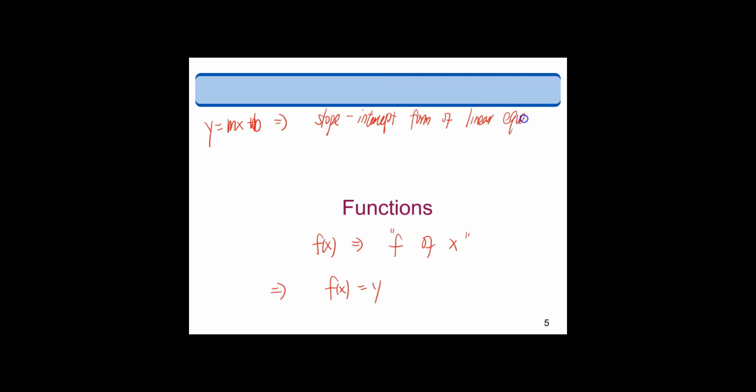And when y becomes f of x, it becomes a linear function. f of x is what we call function notation. So anytime we see f of x, it means we're talking about a function.